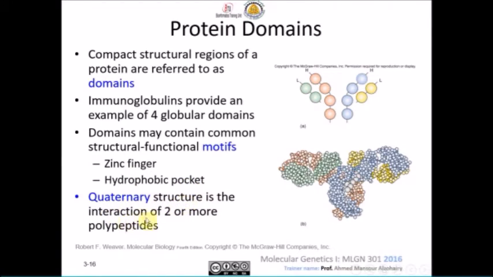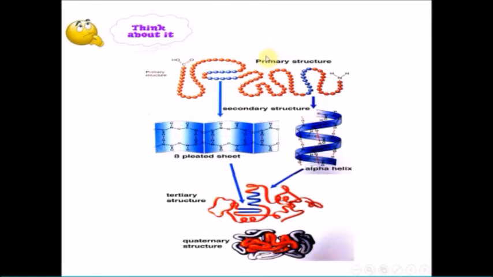Quaternary structure is the interaction of two or more polypeptides. This is another level. The fourth level of protein structure is called quaternary structure. To review again, in the primary structure a single strand of amino acids is joined together in a single polypeptide chain. It can then form the secondary structure, a beta pleated sheet and or alpha helix.